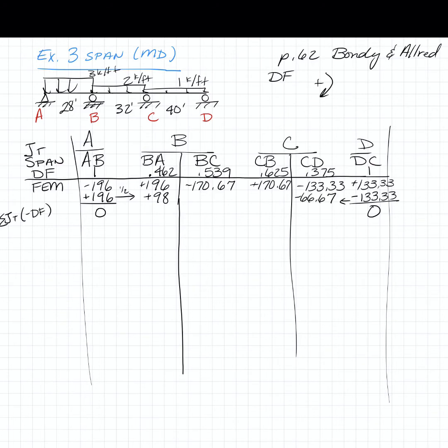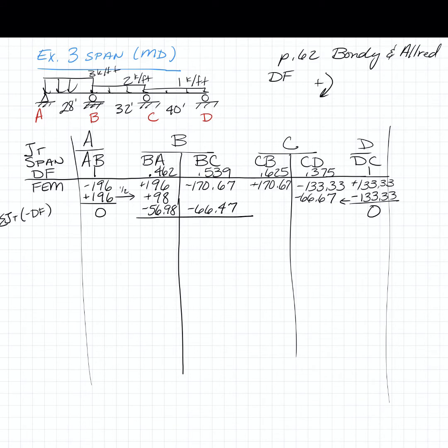All right, so now what I have is I've carried those over from the sides. I need to go to each of the two interior joints and sum the joints. So I'm going to take these three numbers at joint B, and those three numbers added together times the negative distribution factor on this side gives me minus 56.98, and on this side gives me minus 66.47.